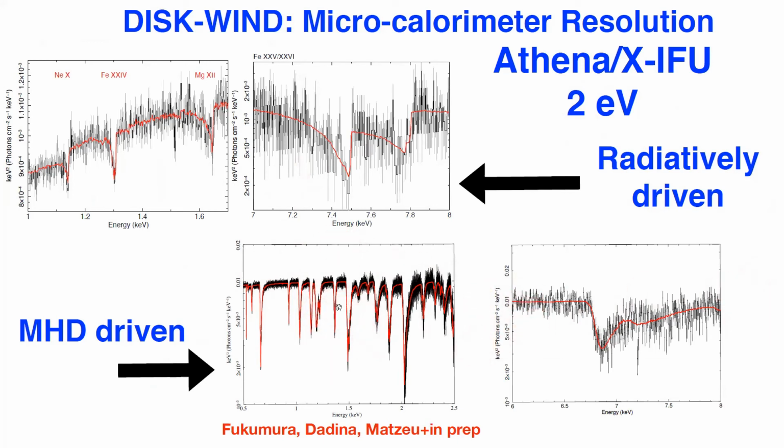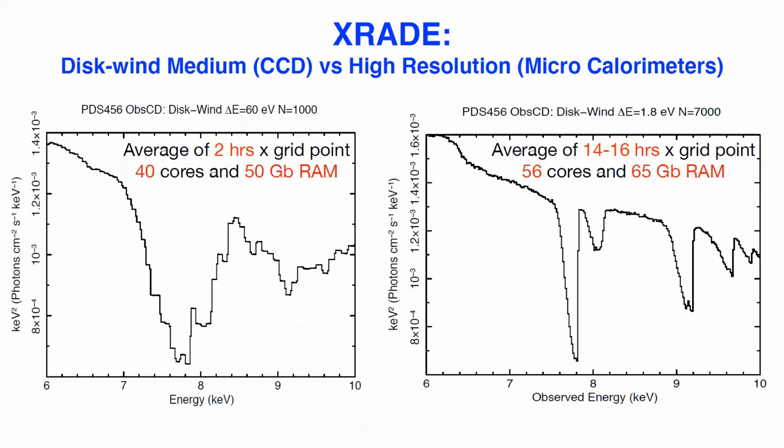I don't want to go into much detail because it's still work in progress, but for the first time with Athena we will be able to disentangle the driving mechanism and the launching mechanism. I still believe they're both combined, radiatively driven and MHD. But great, Athena, it's just the best.